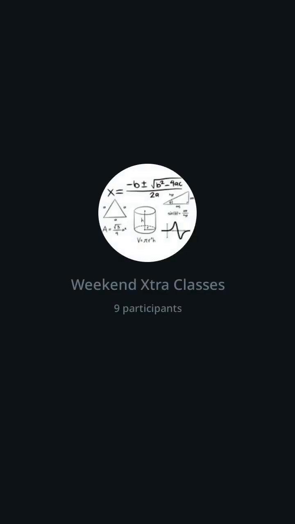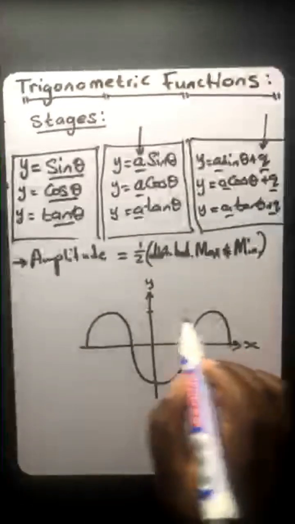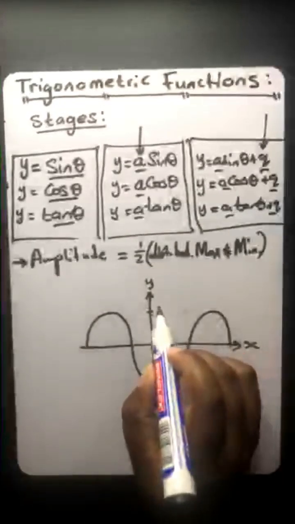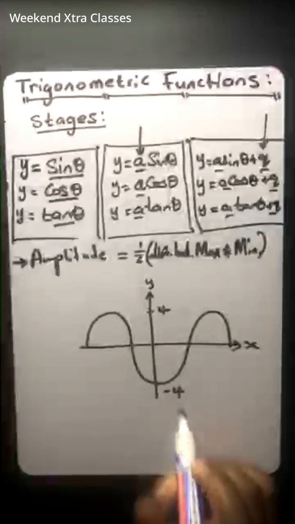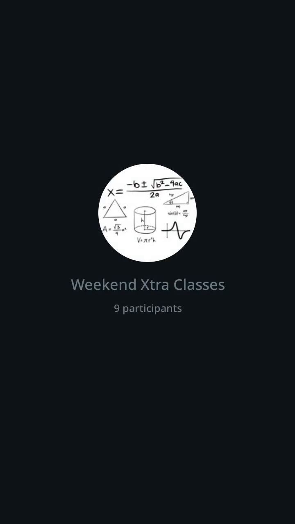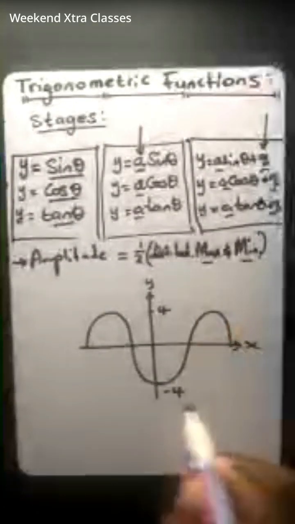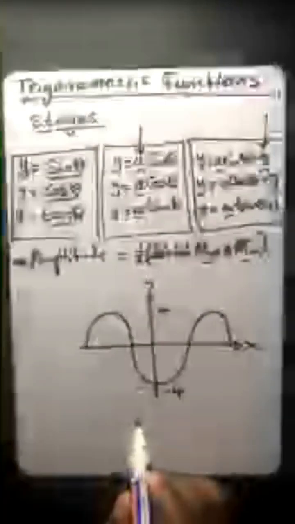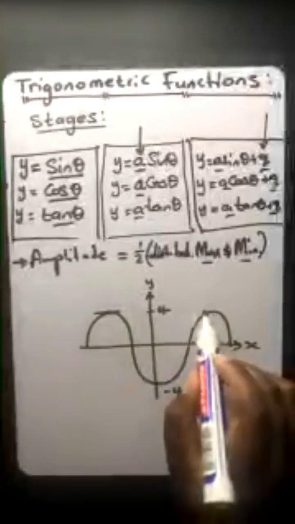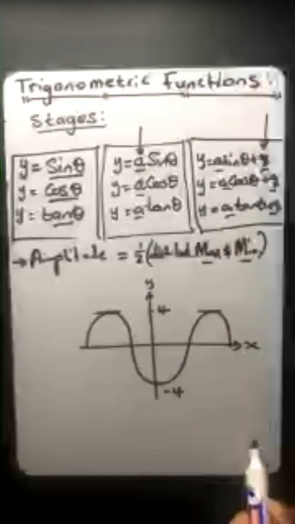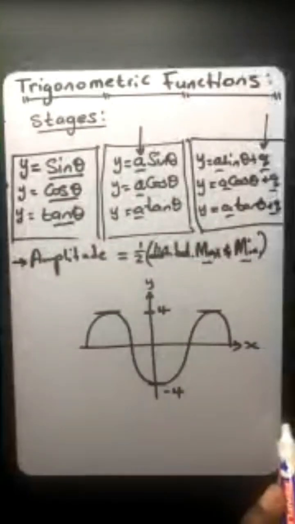I'm just giving you an example, and say that point there is 4, and this point there is negative 4. So what is the maximum and the minimum of this function? It's actually the turning point of this function. You can see the turning point is at where y is 4.